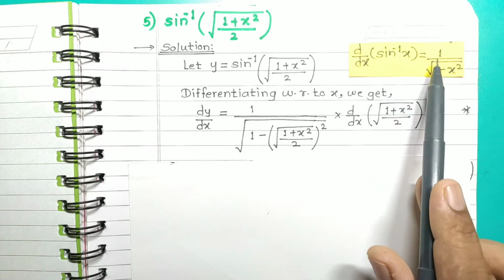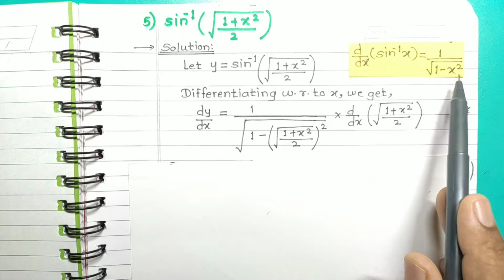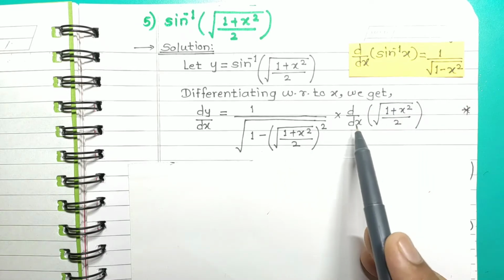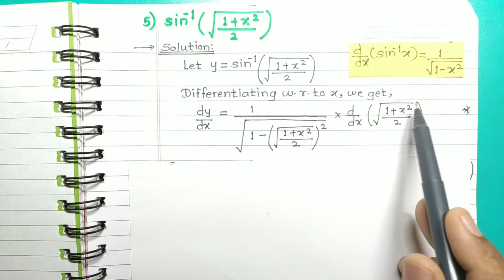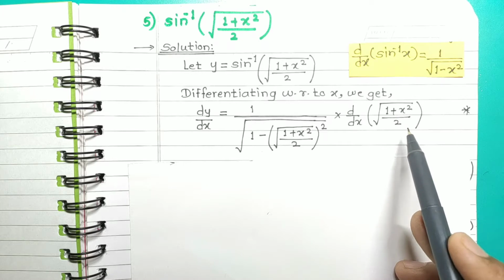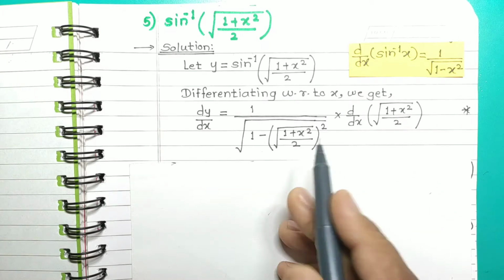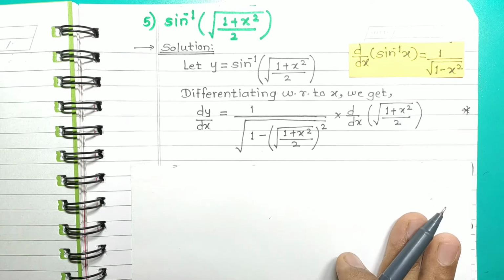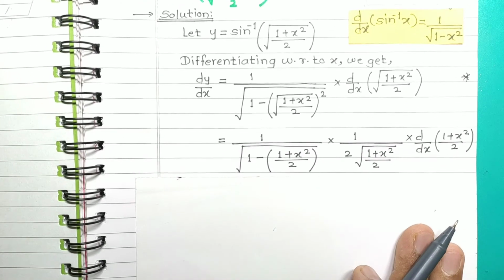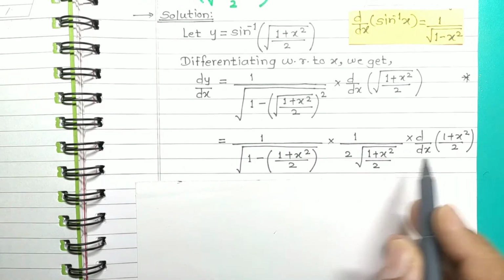Derivative of sine inverse of x is 1 upon root of 1 minus x square, and into derivative of that something function, which is square root of (1 plus x square) upon 2. Then let's simplify this term and write down this derivative. So we have, see, again you note this step properly.